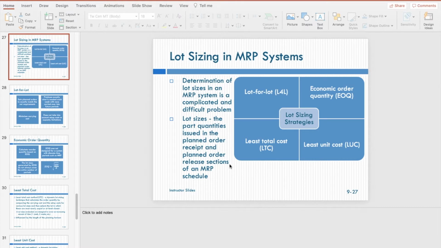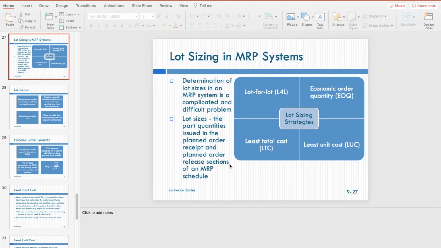So the lot sizing technique in an MRP system essentially goes back to the optimal order quantity type of problem within the operations management field.